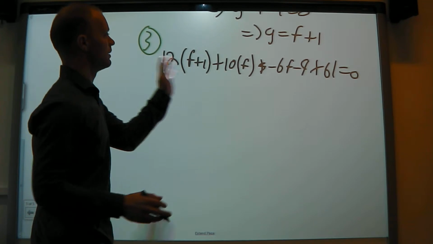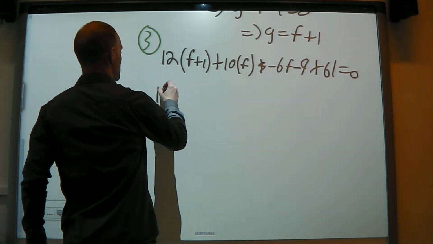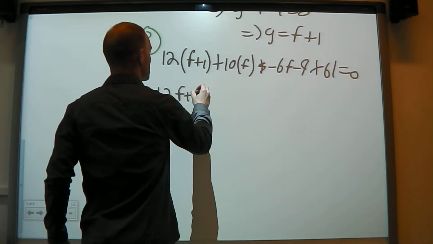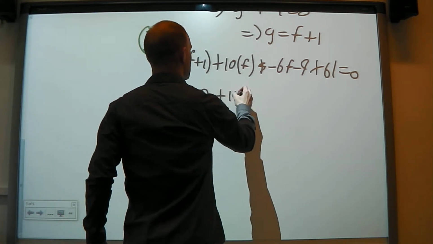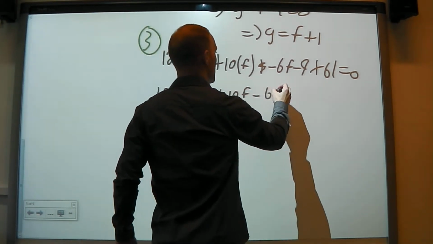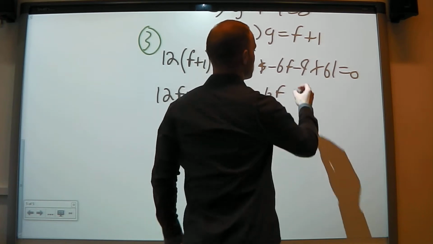Then we just multiply all this out as messy as it's going to be. So that's 12f plus 12 plus 10f minus 6f plus 52.